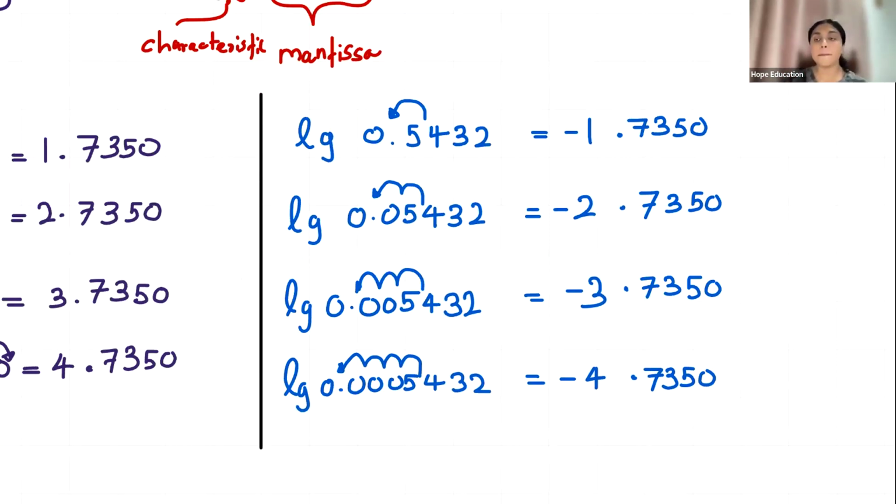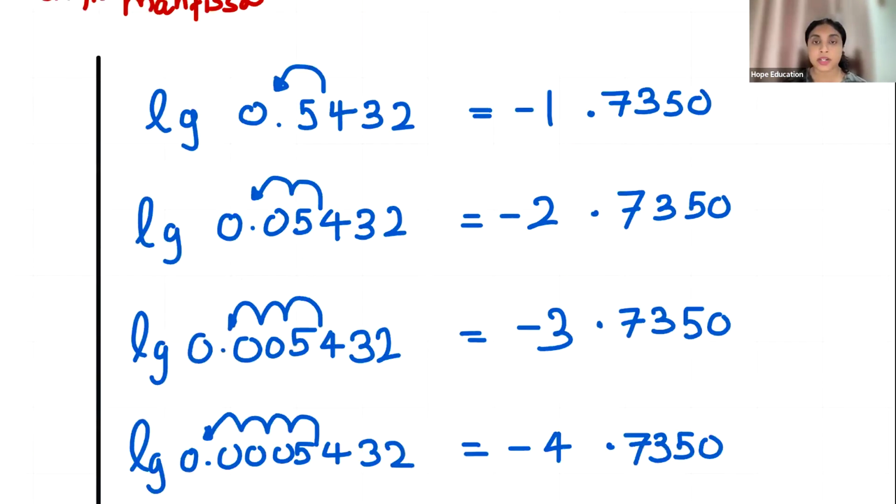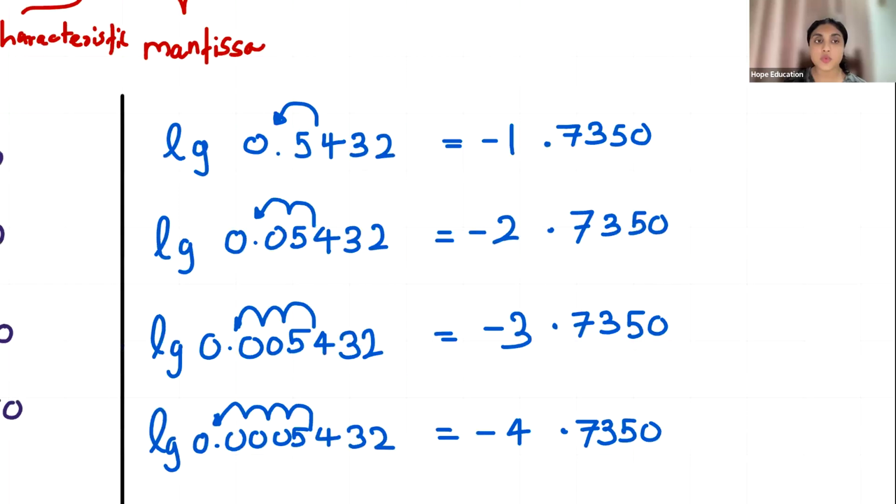In log, we don't usually write the characteristic as minus. I mean, it is minus, but in logs there is a special way to write it. Instead of -1, I write it like this, and I read it as bar 1.